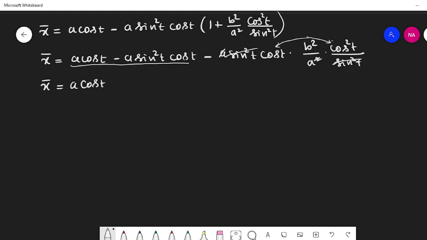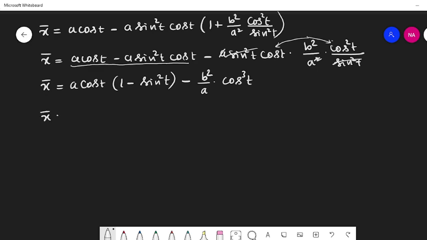A cos t, if you take outside, you get 1 minus sin square t. Observing that, I am taking a cos t as a common factor in the first two terms. Here minus b square by a into cos cube t.